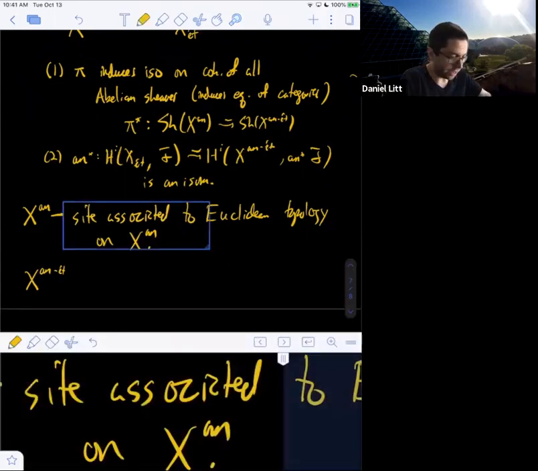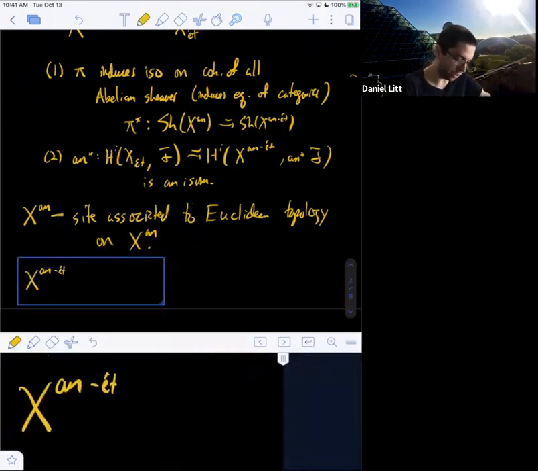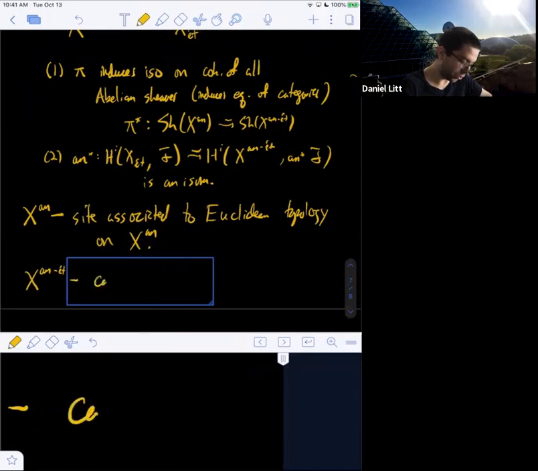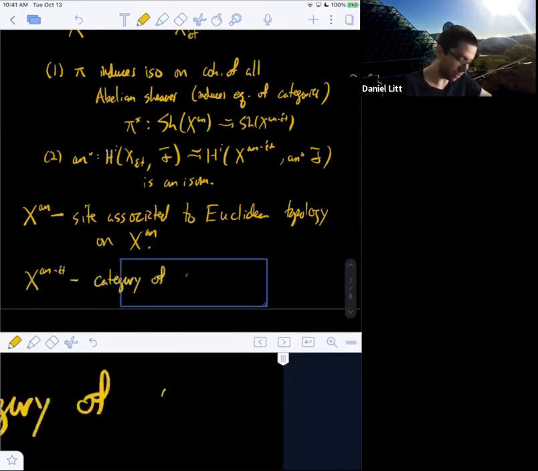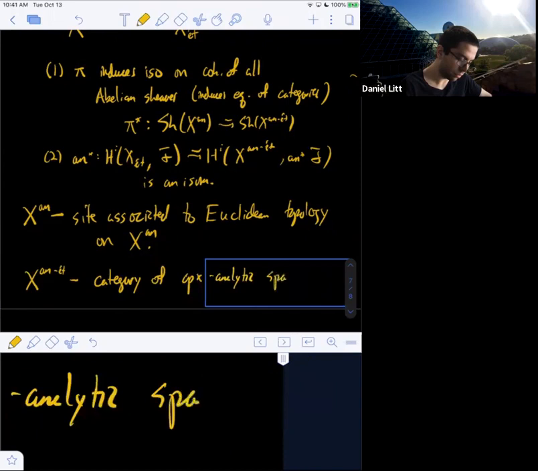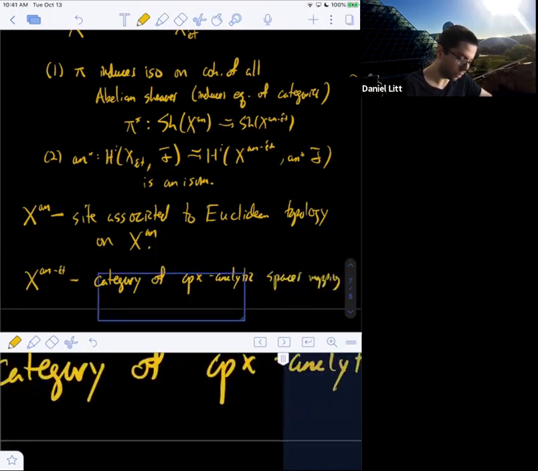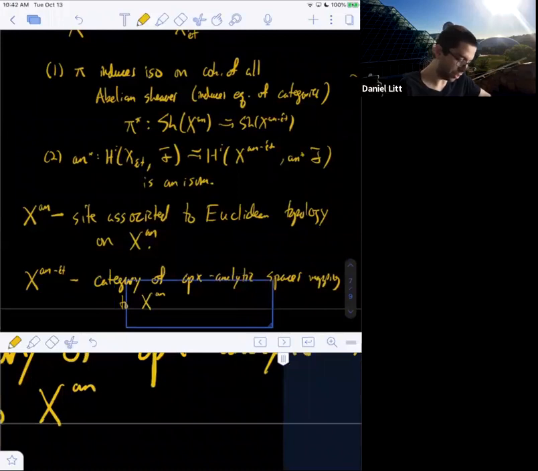So what is the analytic Etale site? So this is the category of complex analytic spaces mapping to X. I'm also going to write it Xn, the honest topological space Xn, via local analytic isomorphisms.